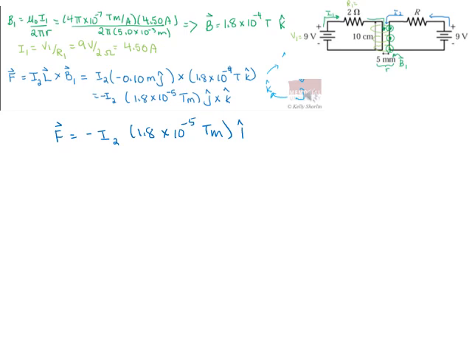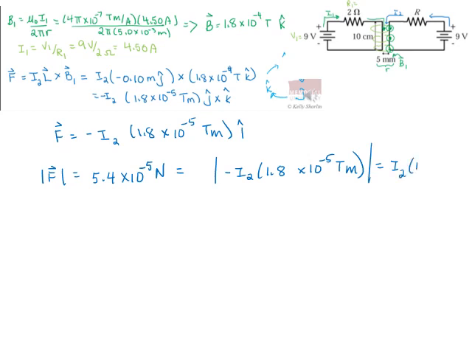Okay, now we're given that the magnitude of that force is 5.4 times 10 to the minus 5 newtons. So that's going to be equal to the magnitude of minus I2 times 1.8 times 10 to the minus 5 Teslas meters. And the magnitude is just giving us a positive number, I2 times 1.8 times 10 to the minus 5 Tesla meters.